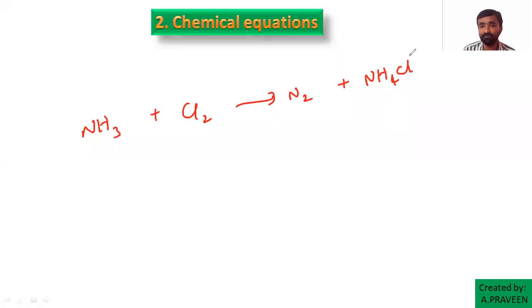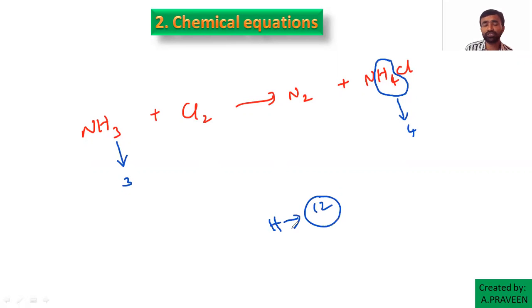Which is the highest numbered atom? It is H4, hydrogen, right? So I try to solve hydrogen first. How many are there here? 4. How many here? 3. Then take the cross product: 3 and 4 give 12. So you need to make the count of hydrogen 12.